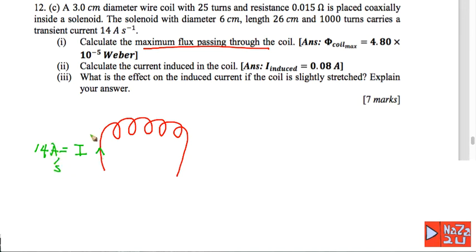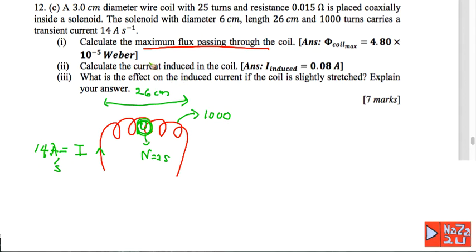Right, this is the current, and you have a coil. Say I draw the coil here. The coil has 25 turns, and the number of turns of the solenoid is 1000, and the length of the solenoid is 26 centimeter and diameter 6 cm.